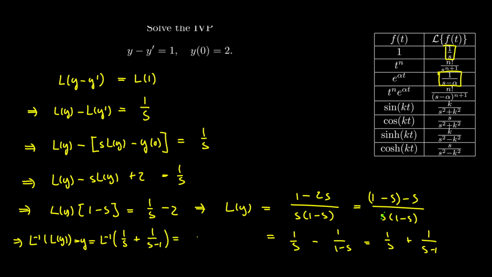And by what we just said, since we've identified these two functions, we can then just write out that this will be 1 plus e to the t, because alpha in this case is equal to 1.